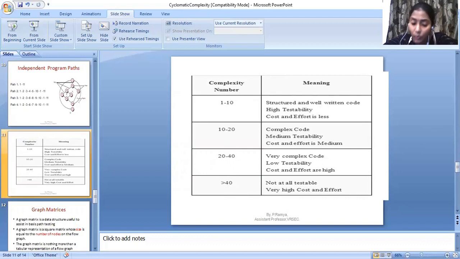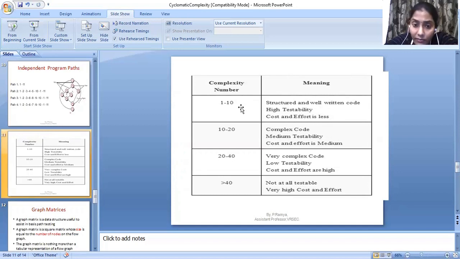So as I told you previously, a low metric, like low cyclomatic complexity, represents that you have done a good code, your code is easily understandable and you have low risk. So from 1 to 10, it is a well structured, well written code, highly testable, which supports the tester, and cost and effort is less.